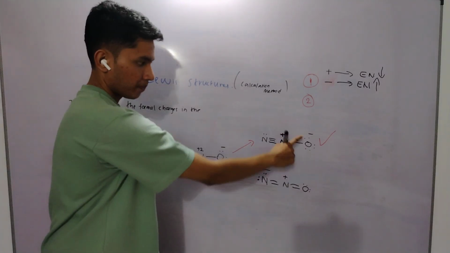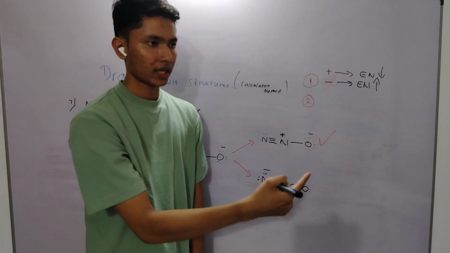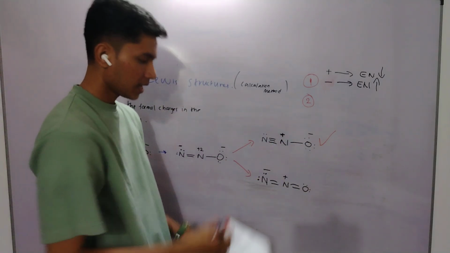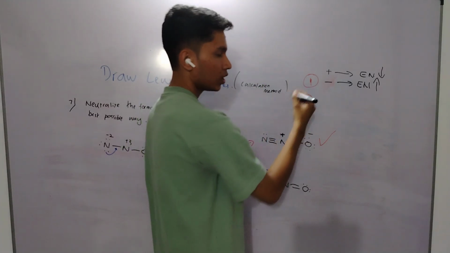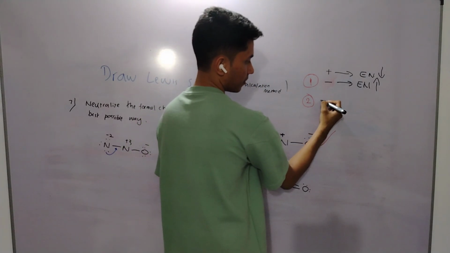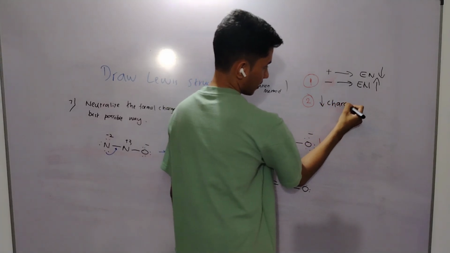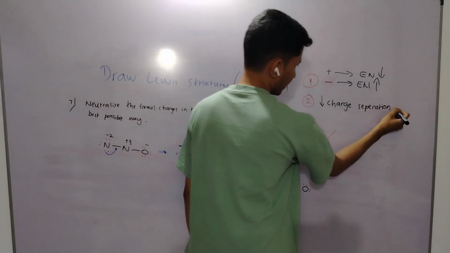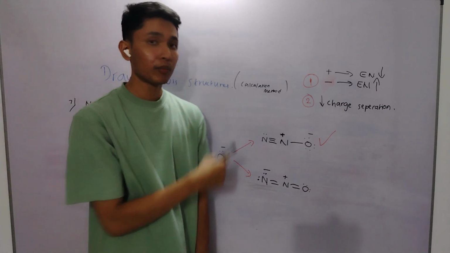So these two, nitrogen and oxygen: who is the most electronegative? Oxygen. So I'm giving the negative charge to oxygen. And the second point you have to remember is the molecule will try to keep its charge separation minimum. So these are the 2 points that you should remember to decide which structure is suitable.